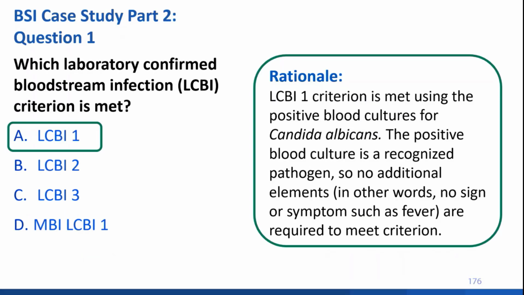Go to the next slide. And you are correct. So LCBI criterion 1 is met. This uses those positive blood cultures for Candida albicans, which is a recognized pathogen. And remember, for LCBI 1 criteria, you have no additional elements, so you don't need any signs or symptoms such as that fever to meet the criterion.